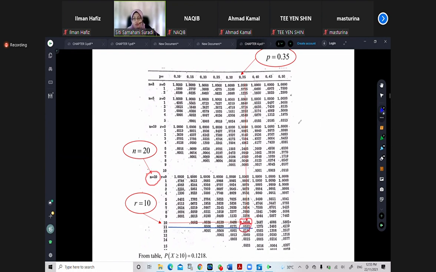So just now it was P(X less than 10). The equation is less than 10, so the requirement is 1 minus P(X more than or equal to 11). So consider 1 minus 0.0532. Is it? This way.